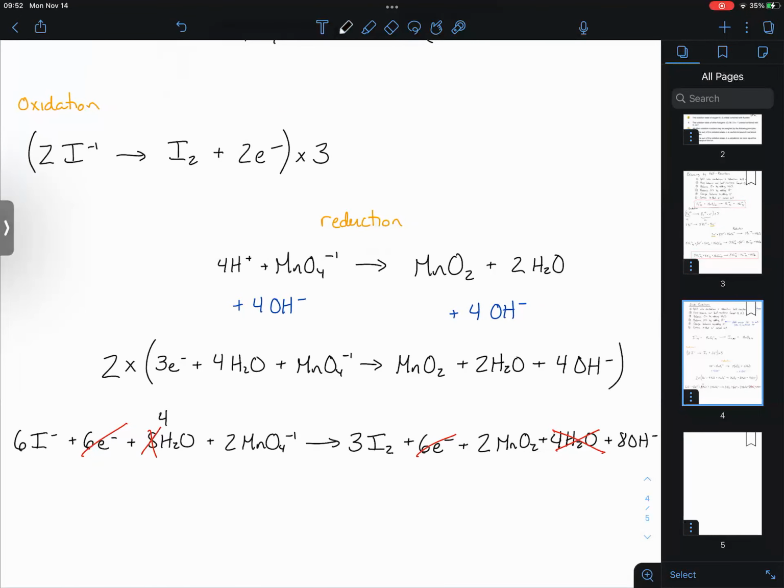So summing everything up, I have my 6 iodide ions plus 4 waters plus 2 permanganates gives me my 3 iodine. And since this is basic conditions, I'm not left with hydrogen ions, but rather hydroxide ions.